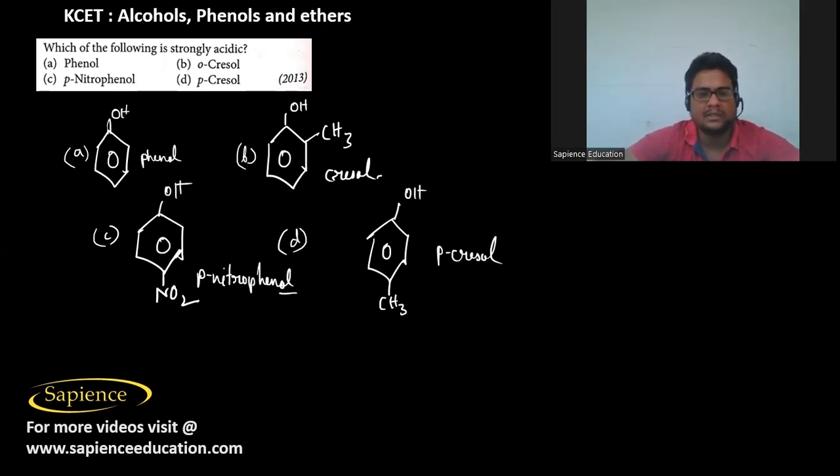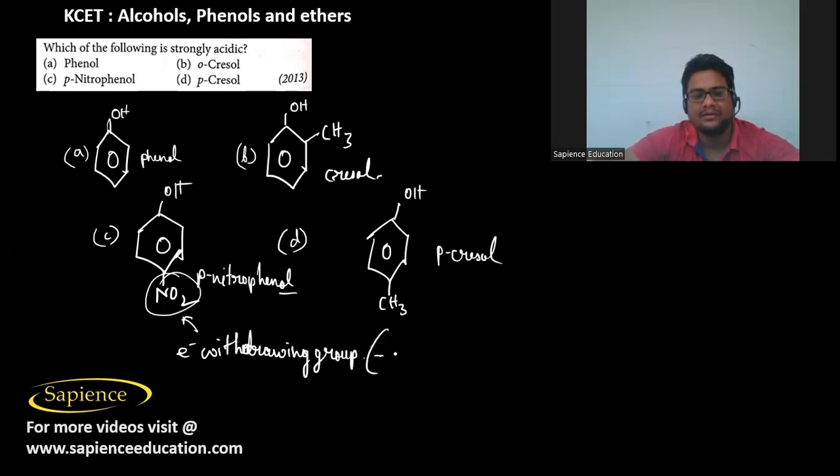So the nitro group is an electron withdrawing group, which will have a negative resonance effect, minus R effect.